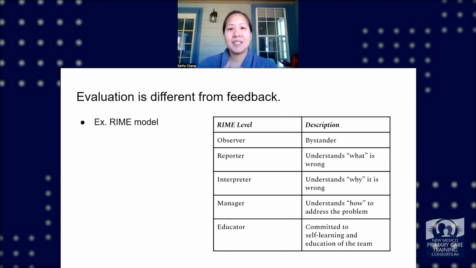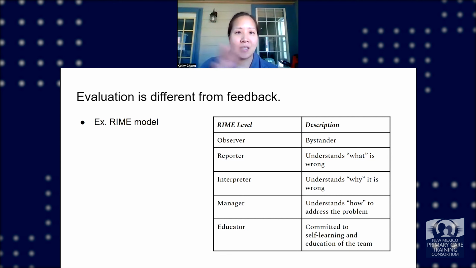But the idea being that you have someone who can just observe and just watch, but can't do anything, versus someone who's able to report, so they understand what's going wrong and they can tell you that something's going wrong, right? The next level being an interpreter, so this person understands why it's wrong, not just that it is wrong, right? And then the manager can actually do something about it, and then the educator does beyond that. They're learning more as they go and educating their team as well.